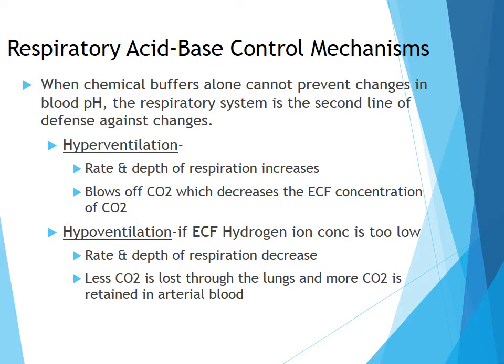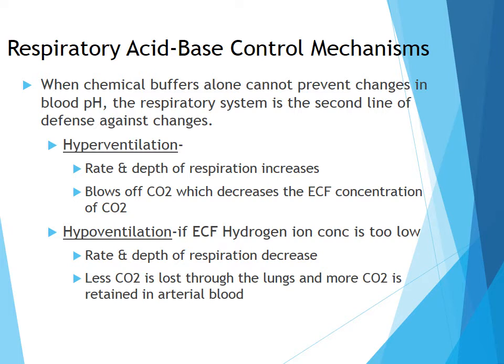In hyperventilation, we all know that the rate and depth of our respiration increases. So we're tachypneic, we're blowing off all of the carbon dioxide and decreasing that extracellular fluid concentration of carbon dioxide. In another way, we can hypoventilate, and that will control our blood fluid pH as well.